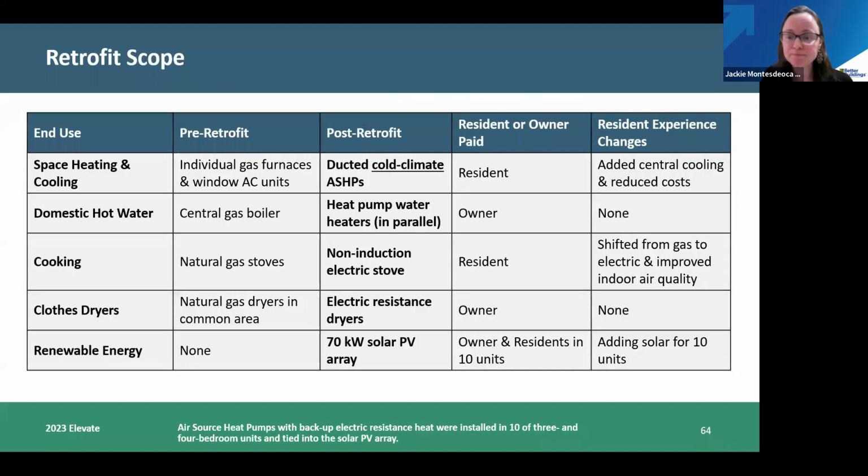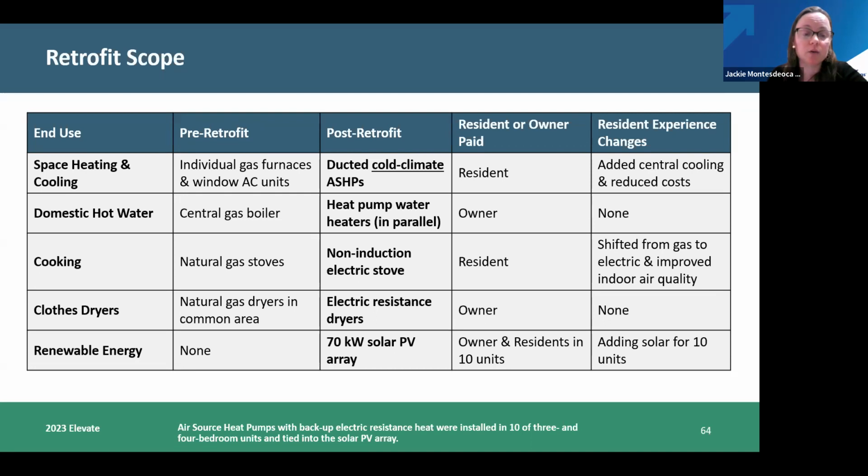Next slide. I apologize, I did not put the costs in here, but this is the breakdown, and I can mention those later or put them in the chat. But overall, this is about a $1.5 million scope for heat pumps to replace the individual furnaces and window units. 3 heat pump hot water heaters that were central across 3 buildings to replace their old boiler hot water heaters, stoves across all units that were non-induction electric stoves now, and common area dryers.